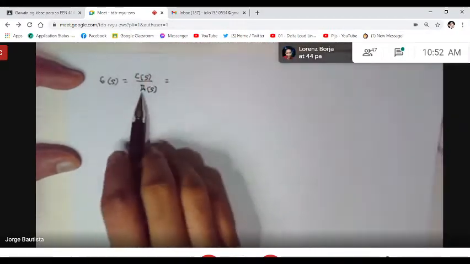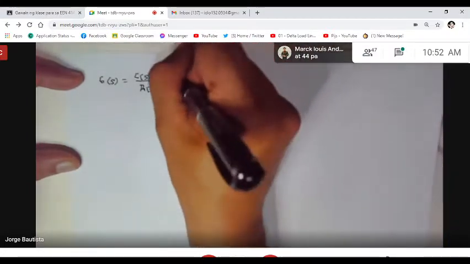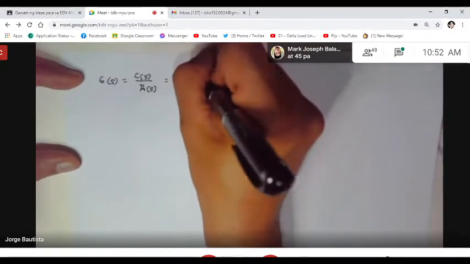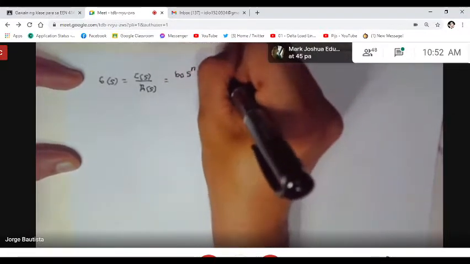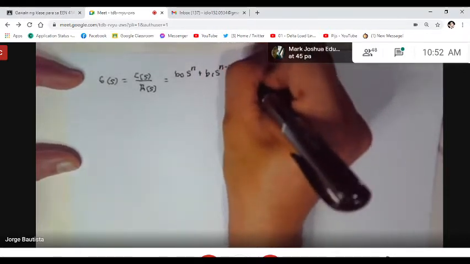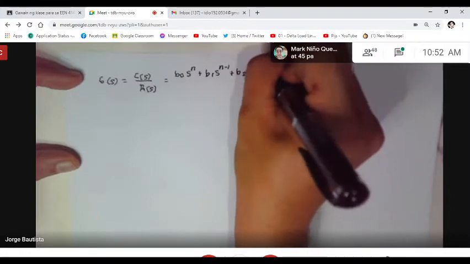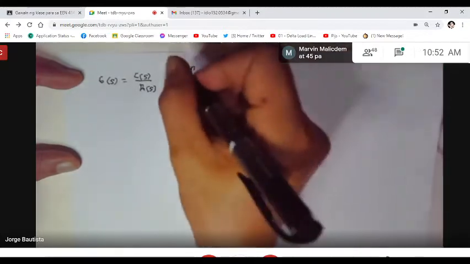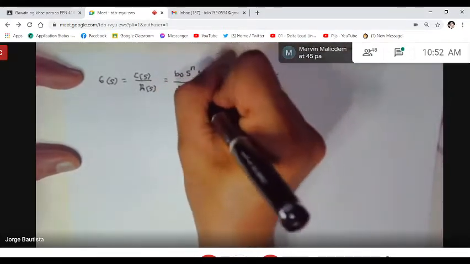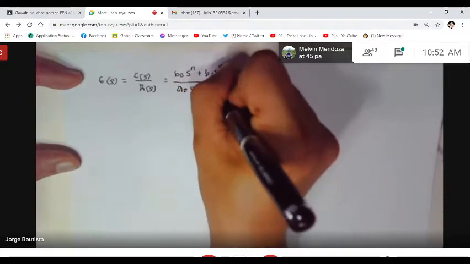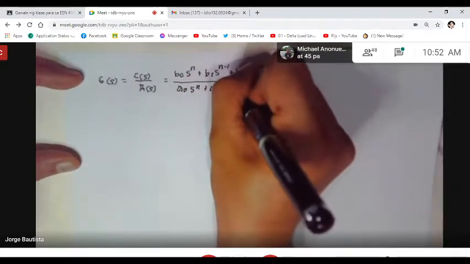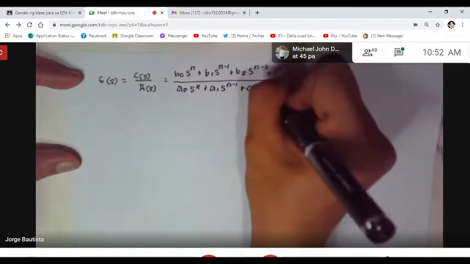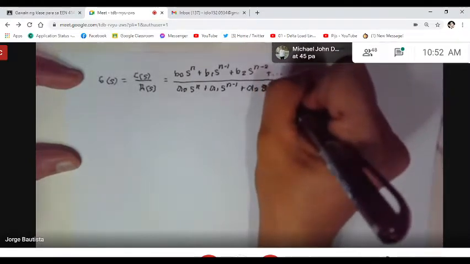So our C sub S, for example, is composed of B sub 0 S raised to N, plus B sub 1 S raised to N minus 1, plus B sub 2 S raised to N minus 2, etc., all over A sub 0 S raised to N, plus A sub 1 S raised to N minus 1, plus A sub 2 S raised to N minus 2, plus etc.